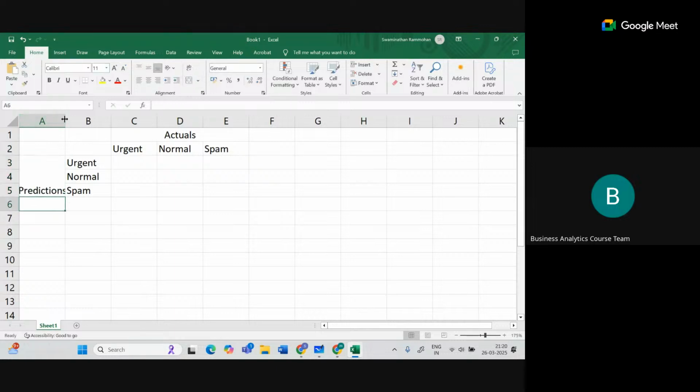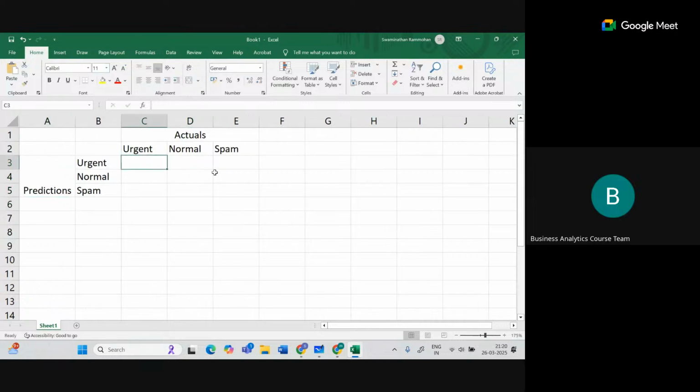Now let me give you the confusion matrix directly, and then let's make sense out of it. 5, 60, 50, 3, 30, 200.